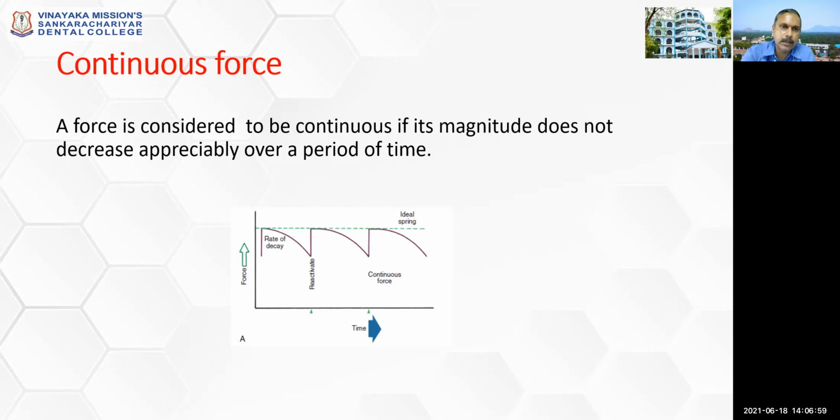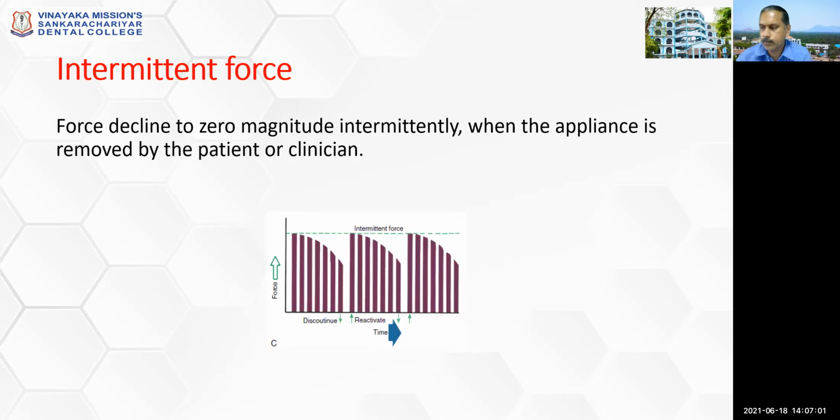Whereas when you see the next type of force, that is intermittent force, the force declines to 0 in magnitude intermittently when the appliance is removed by the patient or clinician. Consider a removable orthodontic appliance, normally given for retention purposes. The patient removes it by his or her own will, at the time when he or she wants.